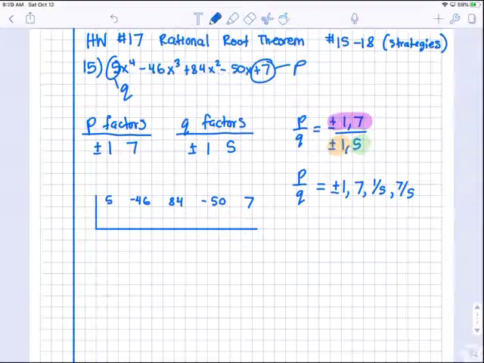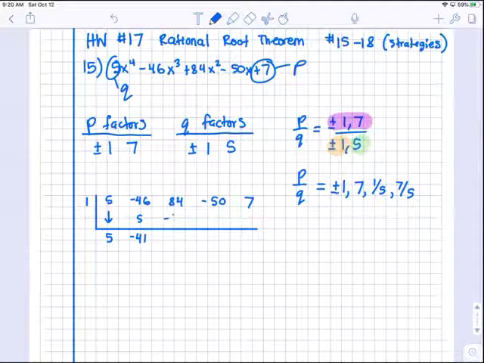So now let's test 1 first. 1 times 5 is 5, negative 46 plus 5 is negative 41. 1 times negative 41 is negative 41. You add it, you get 43. 1 times 43 is 43. You add it, you get negative 7. Negative 7 times 1 is negative 7. And look at that. So we found one root.